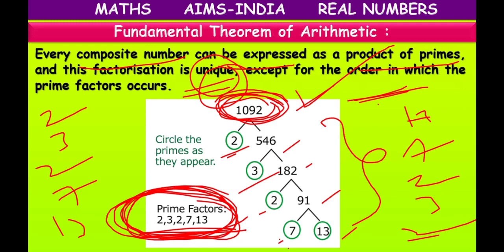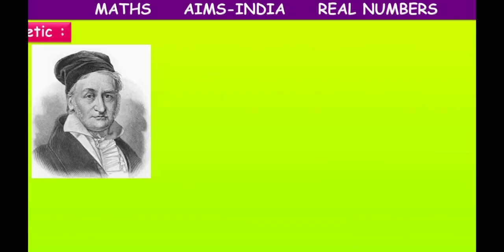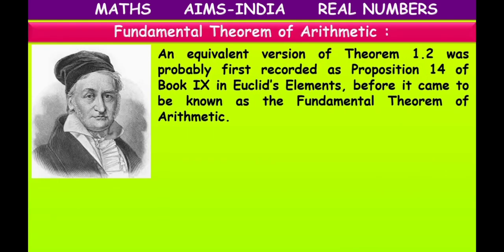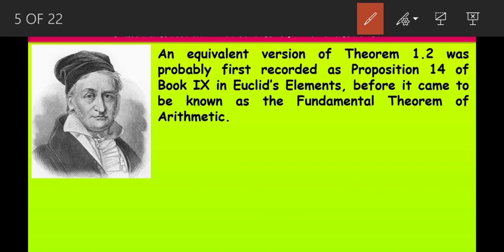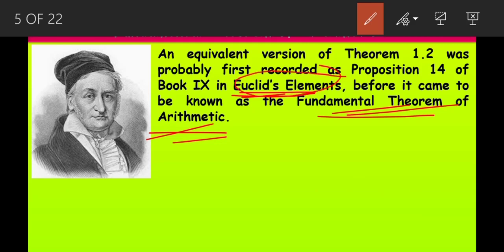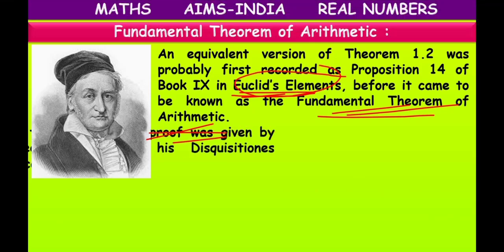This is called the fundamental theorem of arithmetic. Its equivalent version was first recorded in Euclid's Elements, before the name fundamental theorem of arithmetic was given.